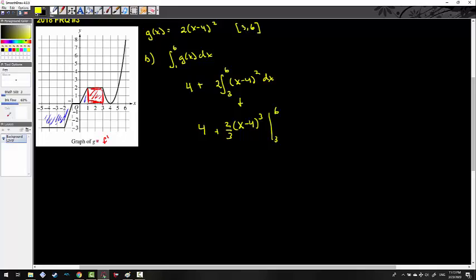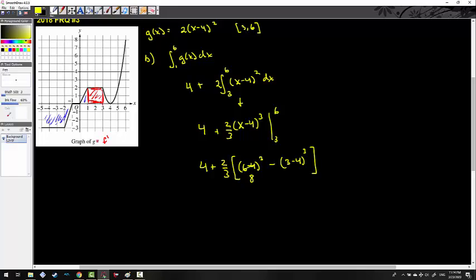So let's go ahead and evaluate this thing. This is going to be 4 plus 2/3, and then 6 minus 4 cubed minus 3 minus 4 cubed. So what's that going to turn into? That's going to turn into an 8.